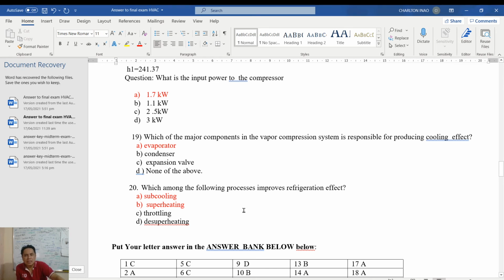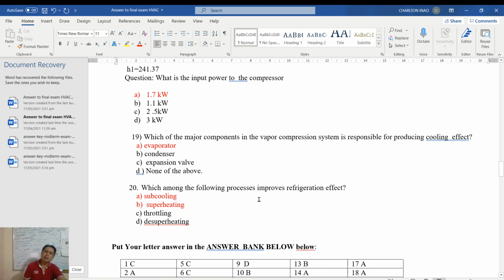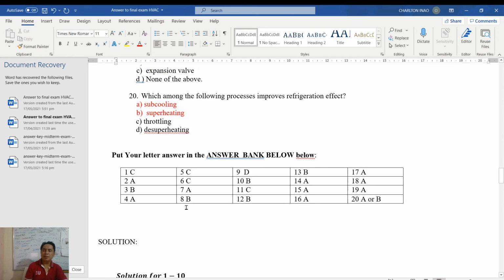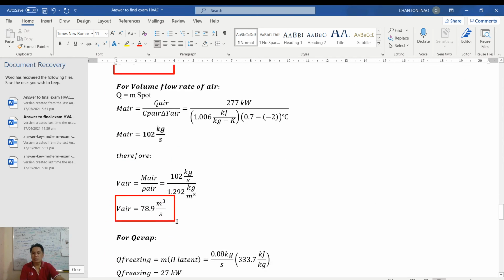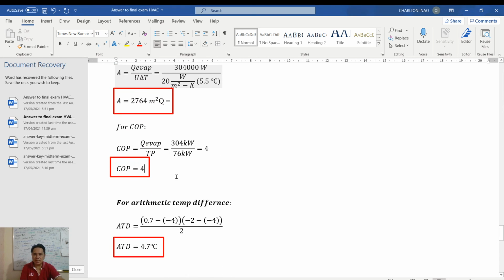So increasing or extending the use of subcooling will increase the refrigeration effect if you make the subcooling area towards the left of the P-H diagram a bit larger.